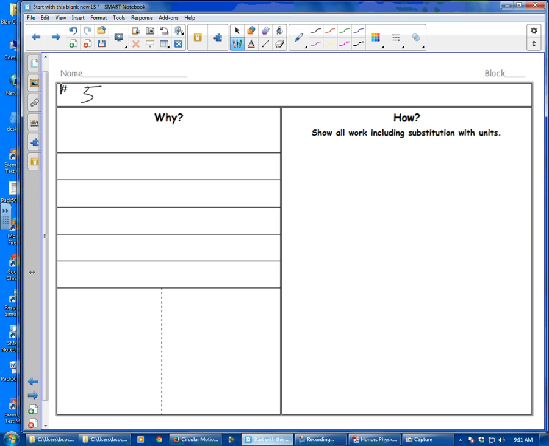So if the acceleration needed to keep you in the circle is the same as what gravity is providing, then you're going to stay in the circle. If gravity provides more acceleration than you need to stay in the circle, you're going to fall down out of the circle. If it provides less, then you'll just need another force to provide more acceleration, say the seat against you or something like that.